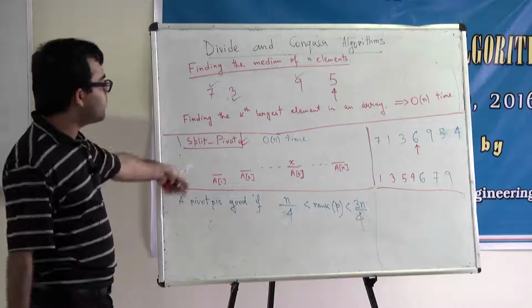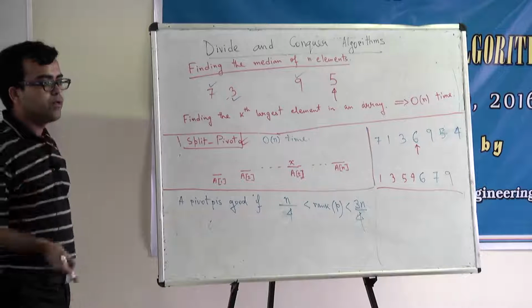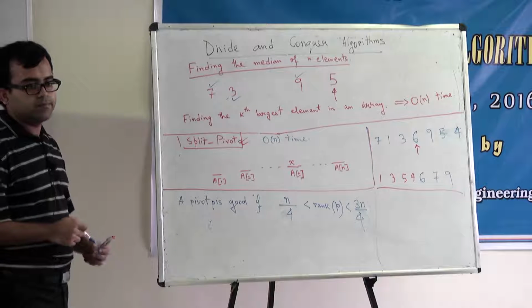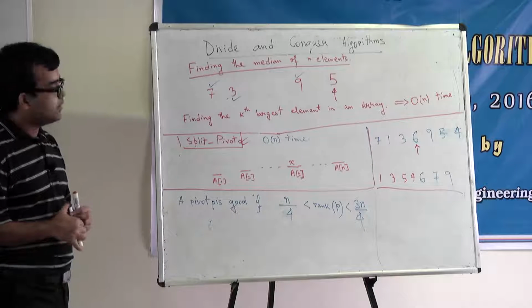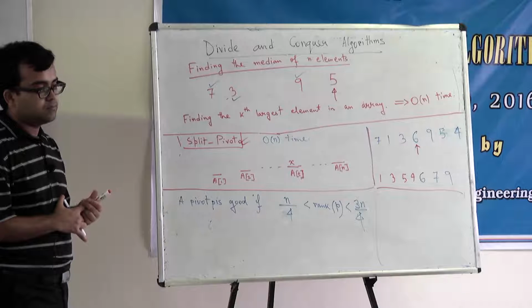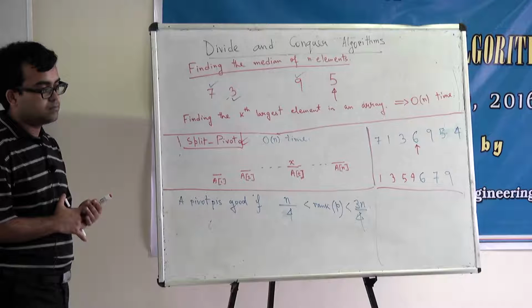Now suppose I somehow magically give you a good pivot. Then can you solve the median problem in n time? Can you?